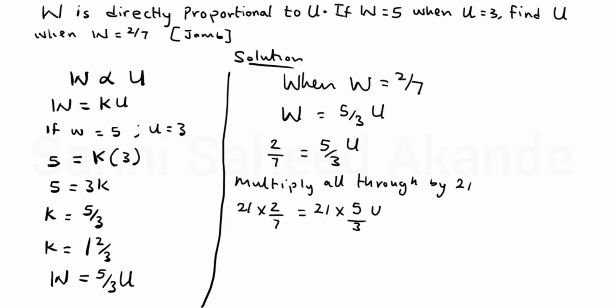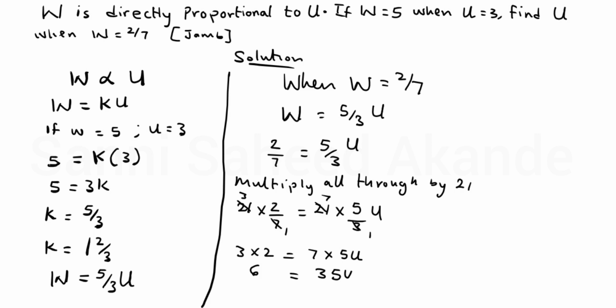All right, so 7 goes in 7 one time, 7 in 21 is 3. Okay, 3 here 1, 3 in 21 is 7. So we now have 3 times 2 equal to 7 times 5u left. Okay, 3 times 2 is 6 equal to 7 times 5u, which is 35u.